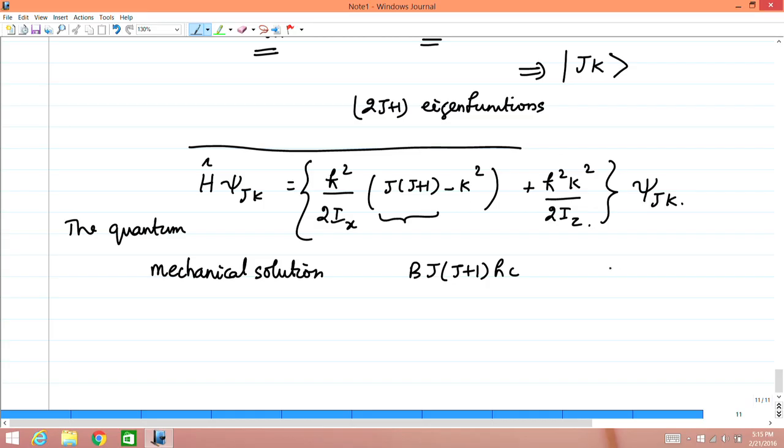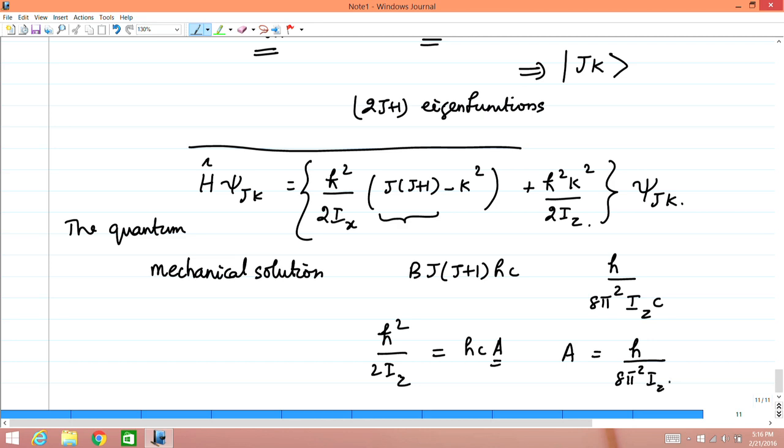Let us call the quantity h by 8 pi square Iz c, which comes from this term h bar square by 2Iz. If you call this hc times A, again a wave number, then A will be h by 8 pi square Iz c, and this will be B.